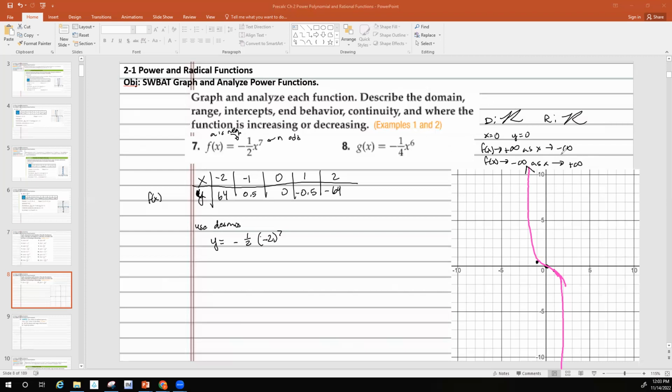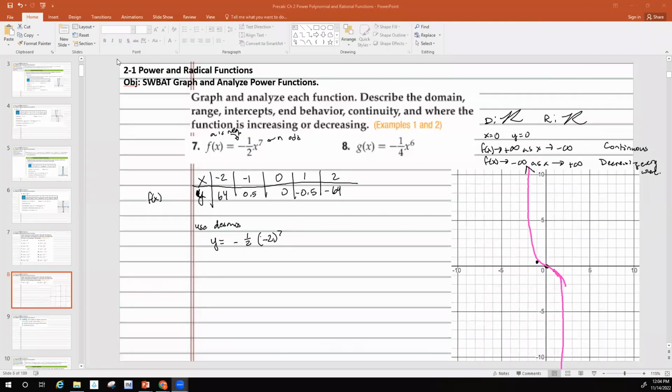And continuity is continuous, right? There's no holes or anything. And then where is the function increasing and decreasing? Starting from left to right, it keeps going down. So this one is decreasing everywhere. There you go. That's 7.